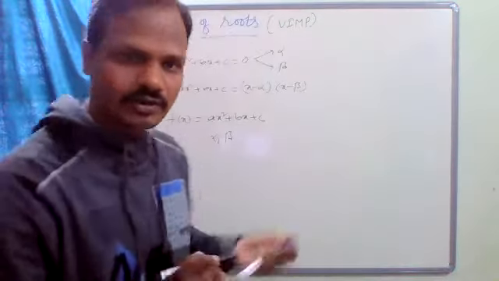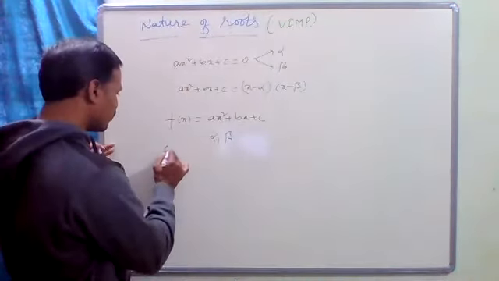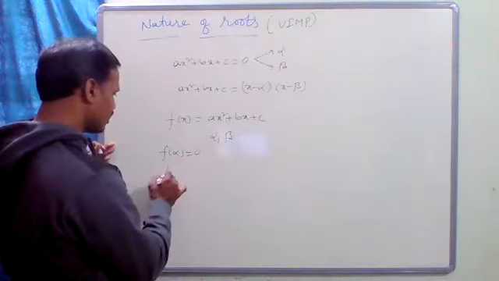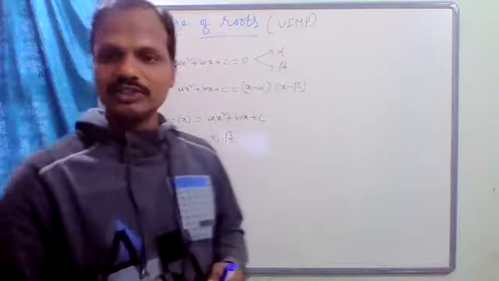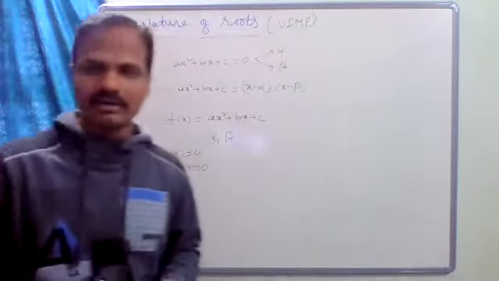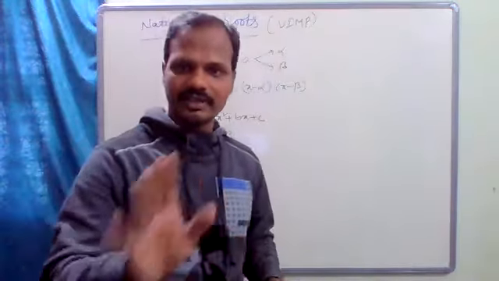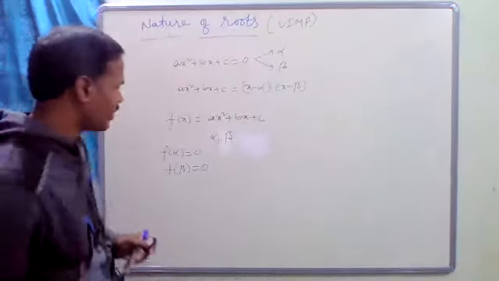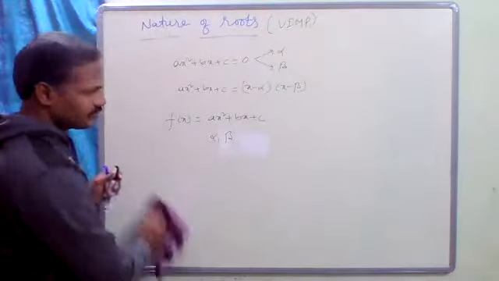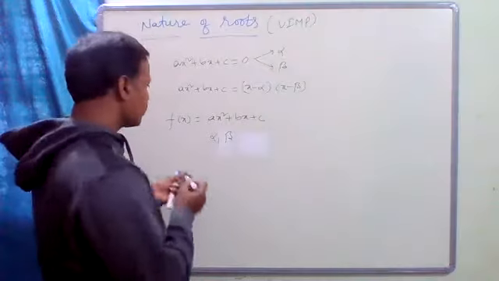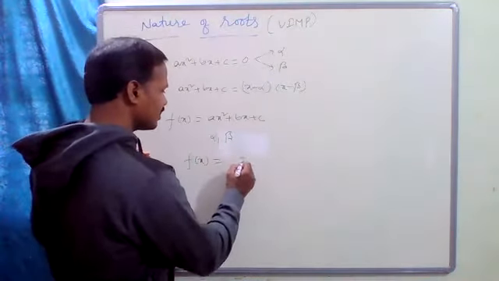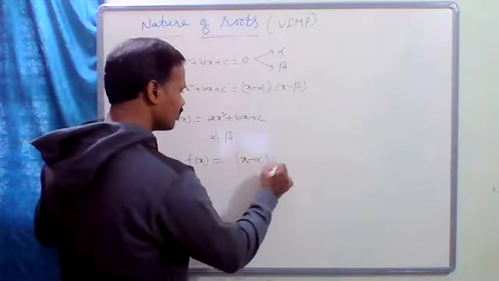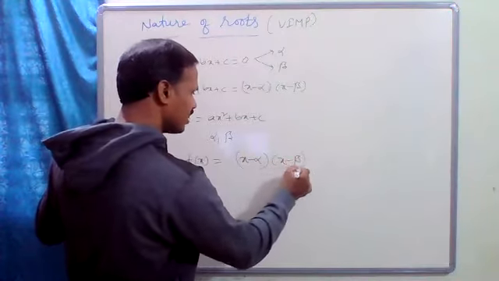What is the meaning of zeros? Zeros means f of alpha equal to 0 and f of beta equal to 0. Then alpha and beta are the zeros of the given polynomial. You know this very well from the 10th class itself. Then in this case f of x can be written as x minus alpha into x minus beta.